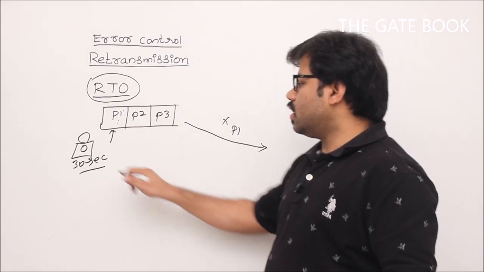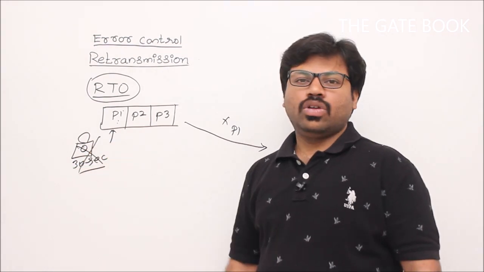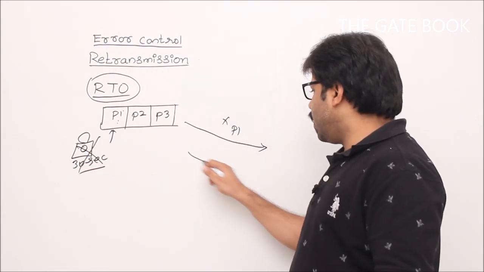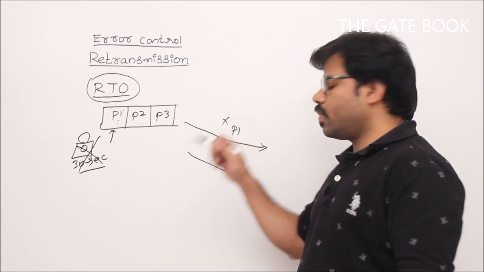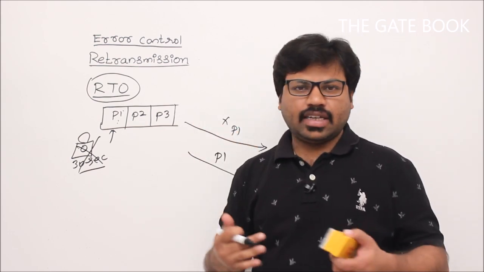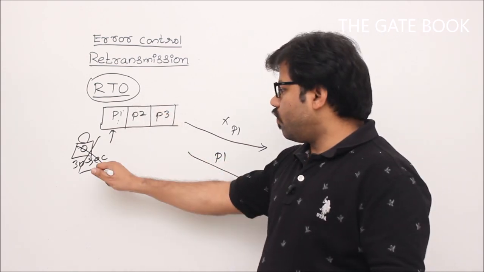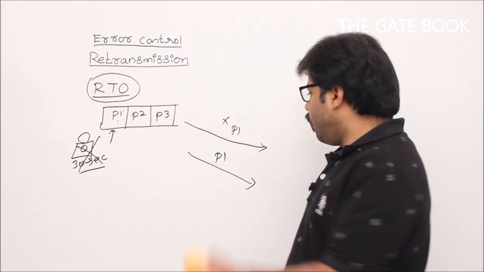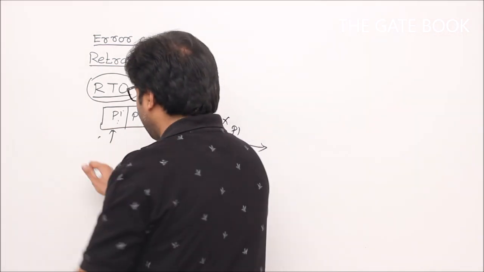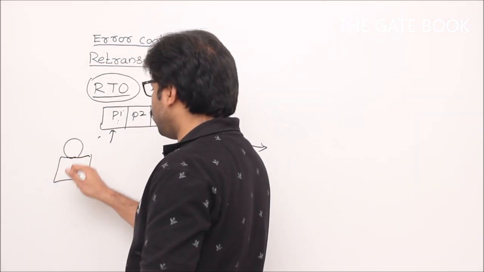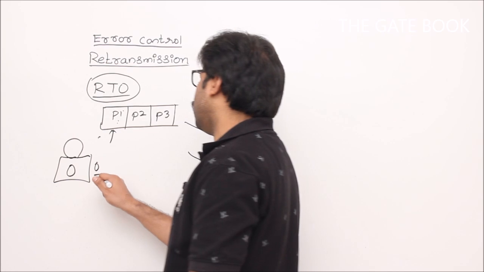Then the timer will become 0, and I'm going to send P1 again. Forget about P2 and P3, whether I sent P2 or P3 doesn't matter, but P1 will definitely be sent after this time, 30 seconds. Whenever I send P1, the timer is reinitialized to 30.